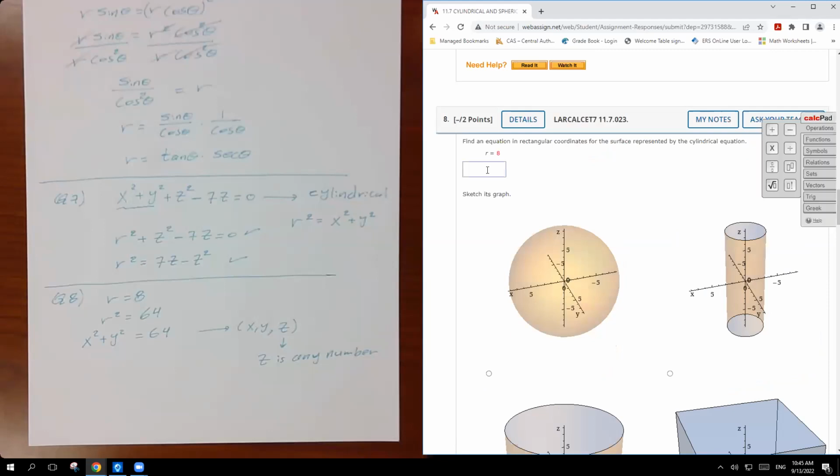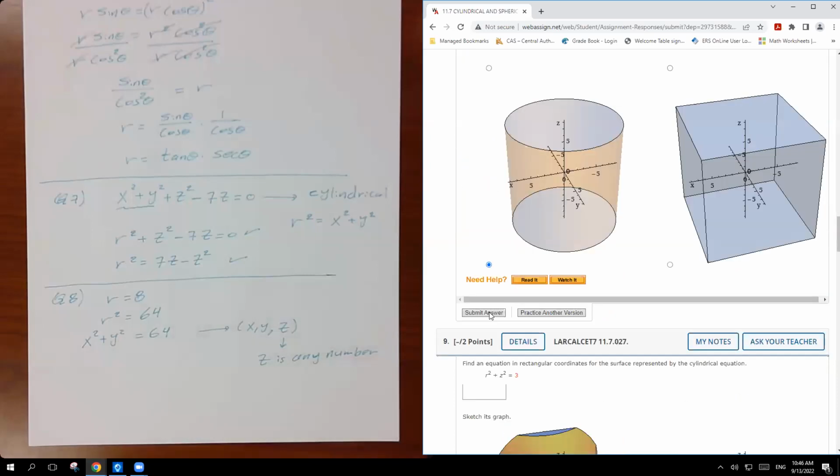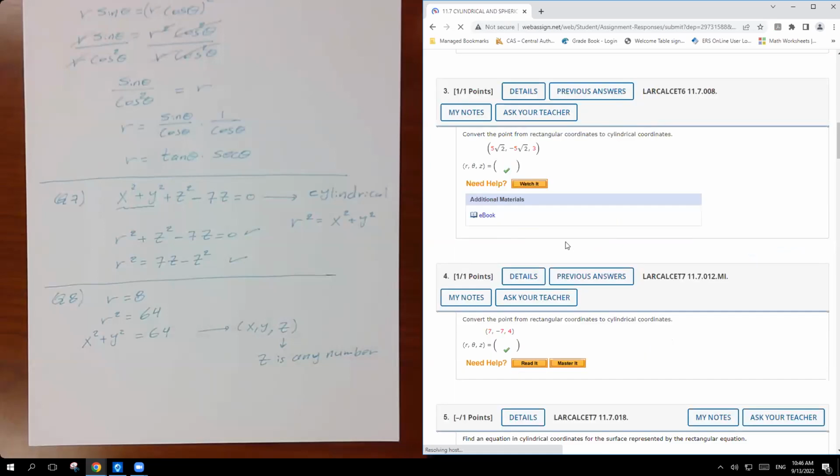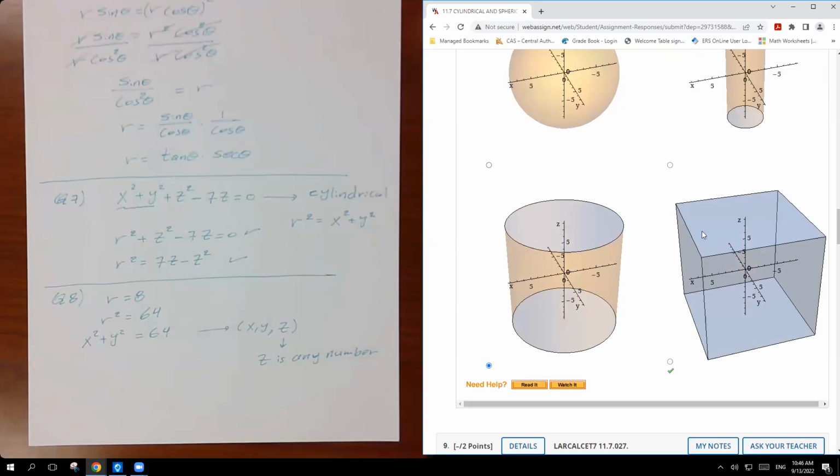First of all, I have to write down the equation, which is x squared plus y squared equals 64. Let's check if they're going to accept it. They accepted it. That's it, this one's right. It doesn't mean the graph is right; it means the whole part is right because we chose the right option.